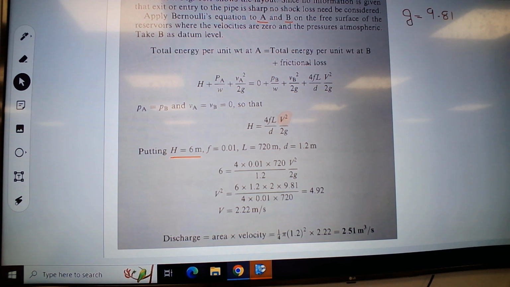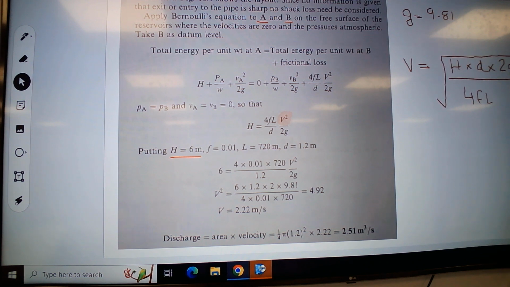You can either do it that way, or you can straight away rearrange the equation. If you want to find V, the equation becomes V equals the square root of H times D times 2g divided by 4FL.